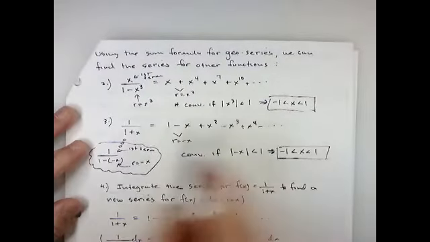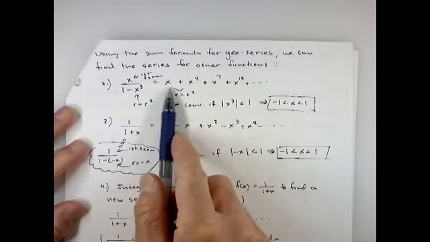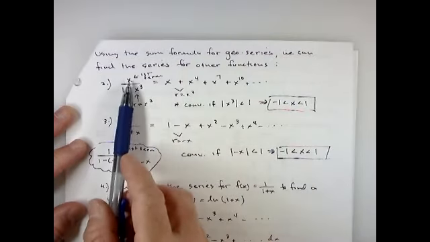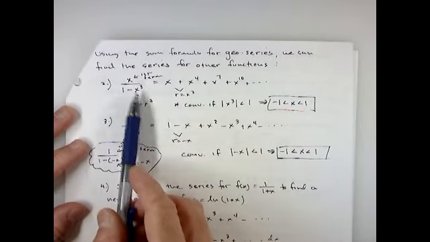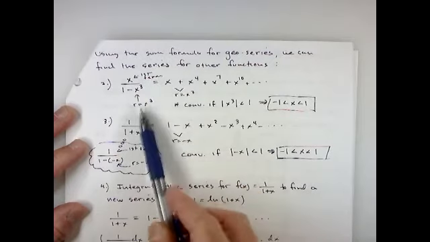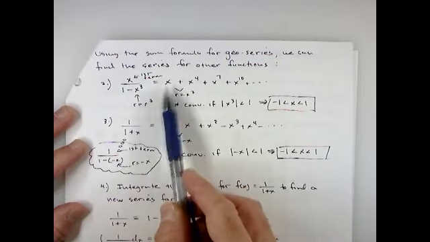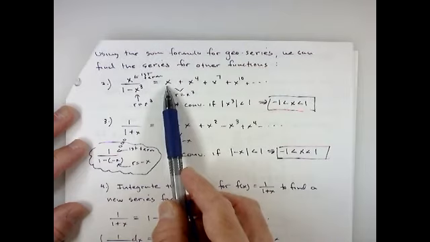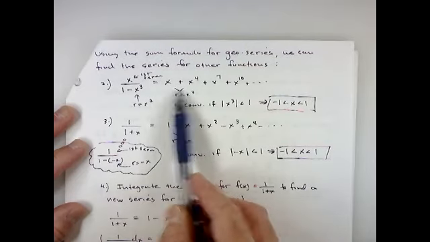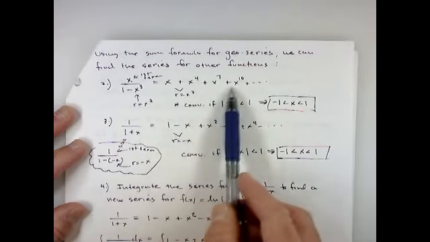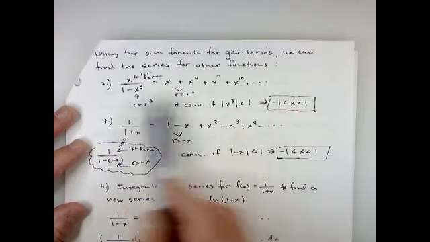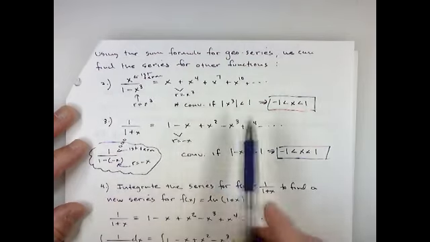And using the geometric series idea, there's a lot of functions you could actually find a power series for. So here, if I had x over 1 minus x cubed, if it has that form of first term over 1 minus r, this time my first term would be x, my r value would be x cubed, I just keep multiplying by x cubed, and I can get an infinite series that equals that function.